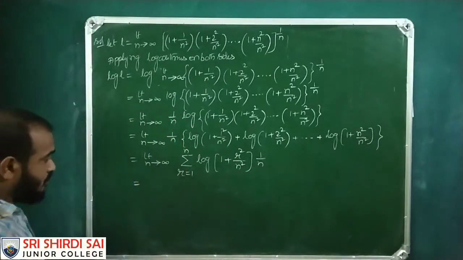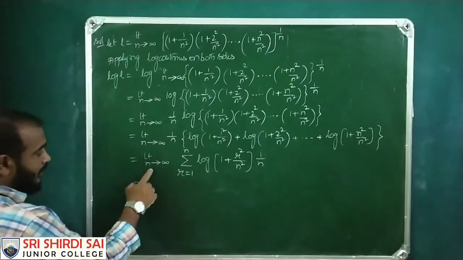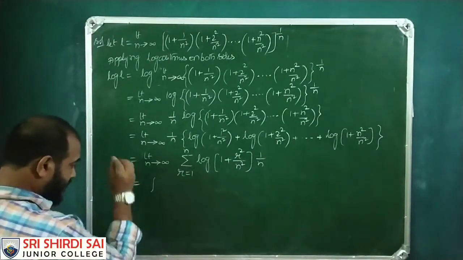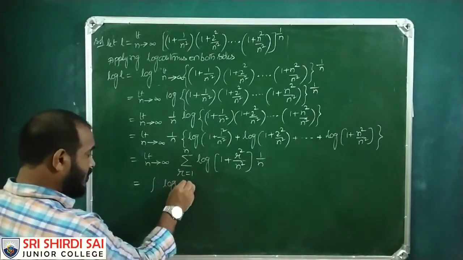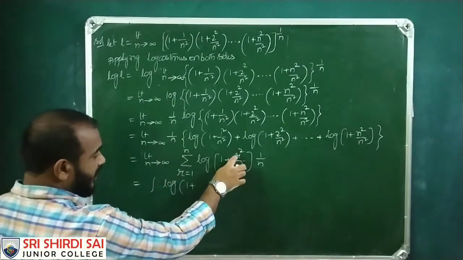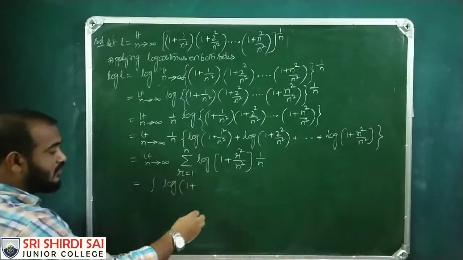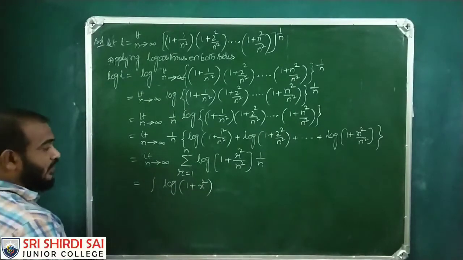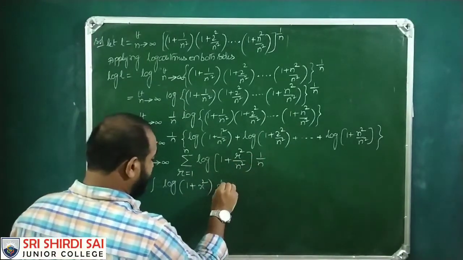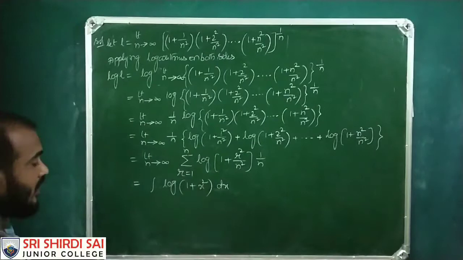Therefore, this equals the limit as n tends to infinity, where sigma becomes the integral symbol, of log(1 + (r/n)²), where r by n is replaced with x, so x square, and 1 by n is dx. Now substitute the limits.